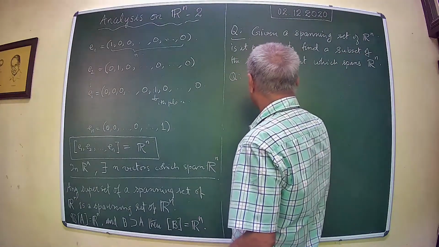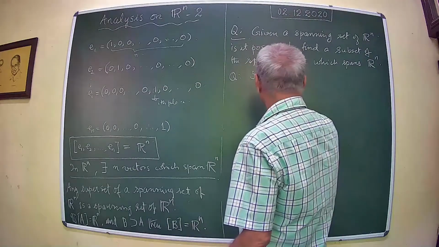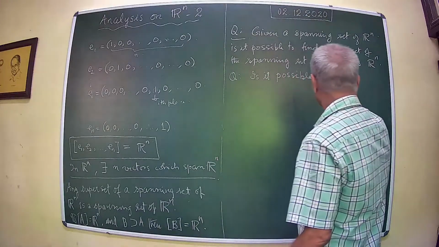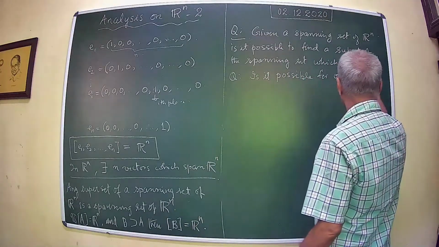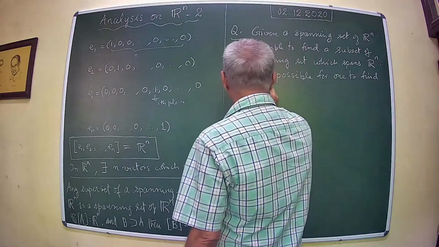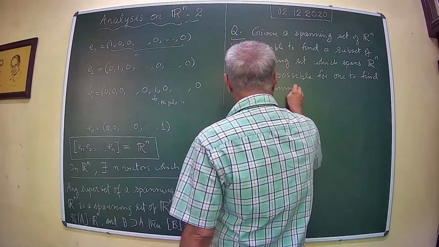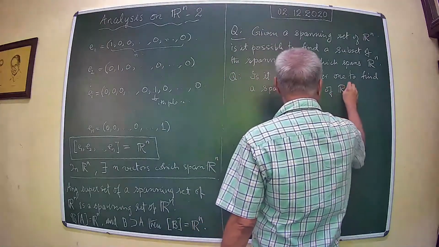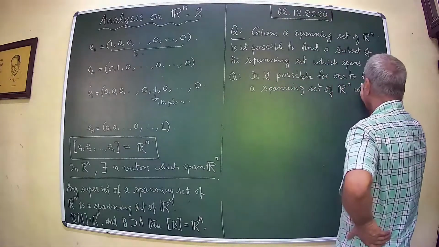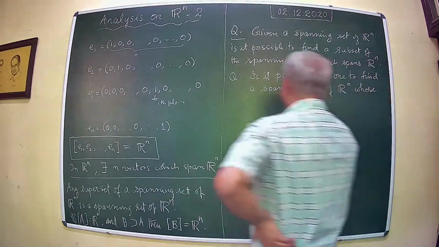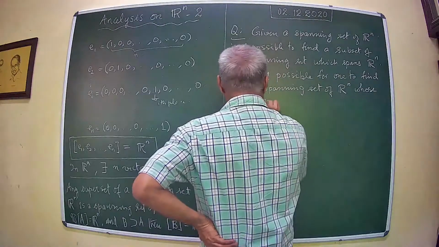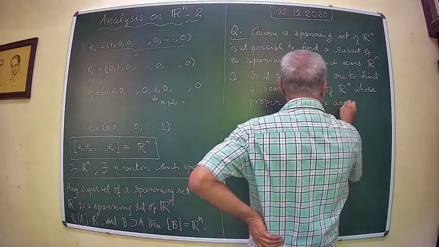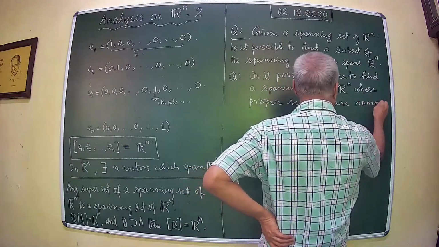Is it possible for one to find a spanning set of R^n whose proper subsets are no more spanning sets?